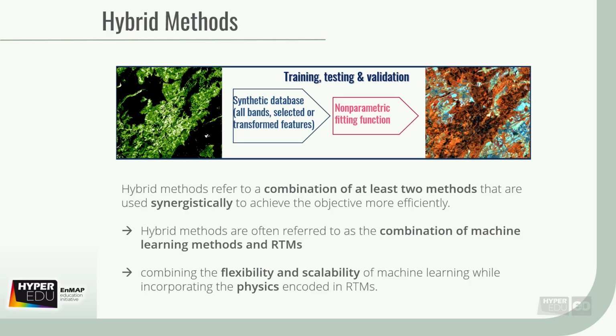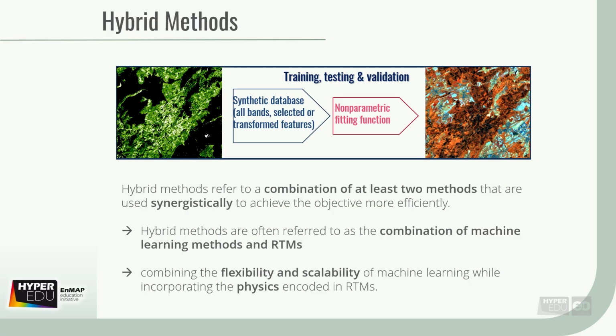In forest mapping from Earth observation data, hybrid methods often refer to the combination of machine learning methods and RTMs, thus combining the flexibility and scalability of machine learning while incorporating the physics encoded in RTMs.